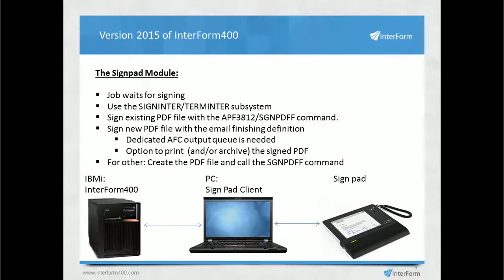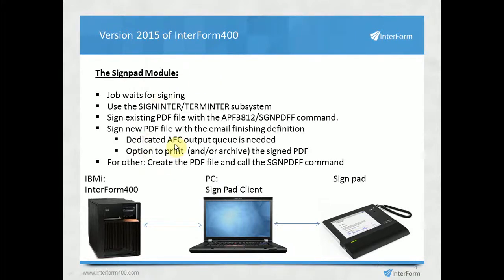The actual signing can be selected through either a specific command, the sign PDF file command, or you can trigger this signing through the email finishing definition. And that's the new feature of the 2015 versions: you tell Interform in the email finish definition that you want to sign the PDF file, and then in the P function, when we are actually generating the email, we are doing the signing, and there you refer to the actual Signpad to be used.